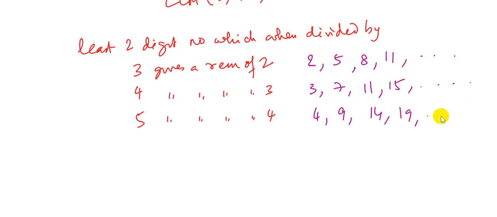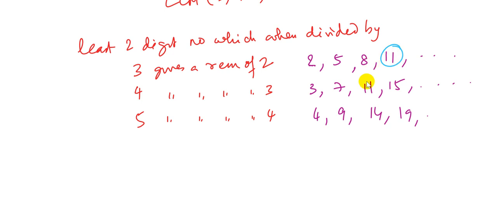Now, that means there has to be a number which will be common to all these three, right? And I have to figure that out. Now you can see that all these three are in AP series, arithmetic progression, where the common difference is the same.